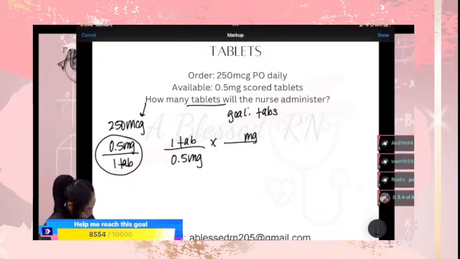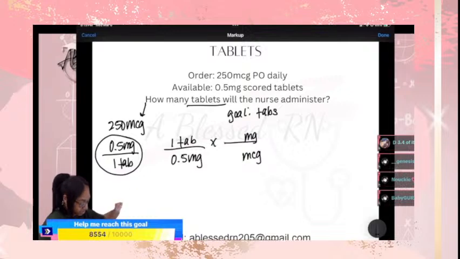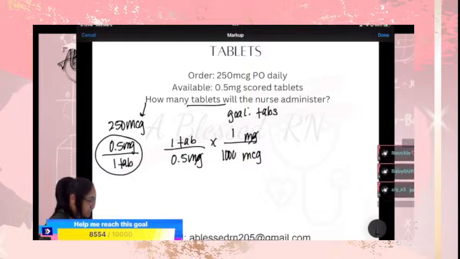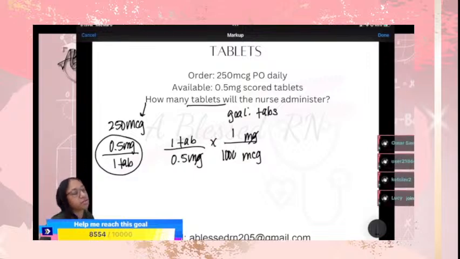So we know that we have milligrams, and we need milligrams to cross out. We have micrograms. So 1 milligram is 1,000 micrograms. And people say, I'm confused on how, if it's milligrams and micrograms, how do you know where to put the 1 in the 1,000?